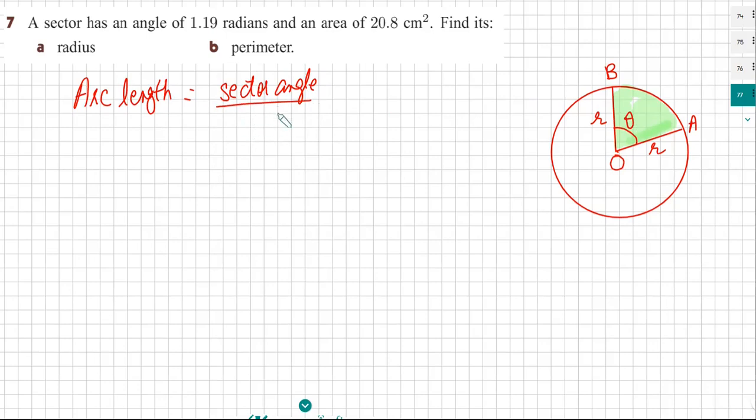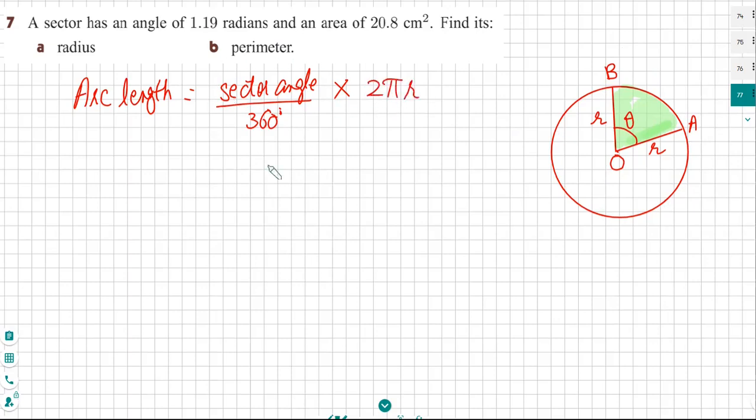If you are doing it in radians, you have to write 2 pi; otherwise, if in degrees, then you write 360 degrees. This is multiplied by the circumference, because we are taking a part of the circle. The complete circle circumference is 2 pi r, so this will be multiplied by 2 pi r.